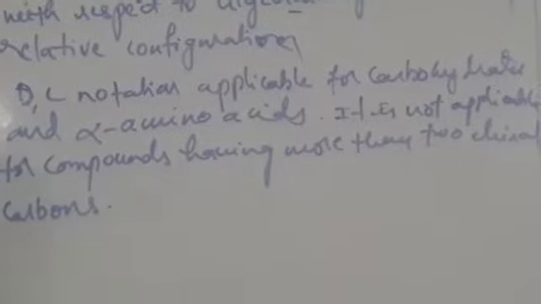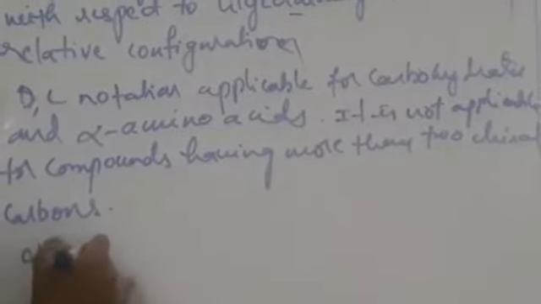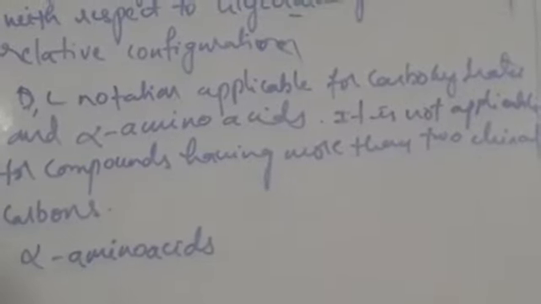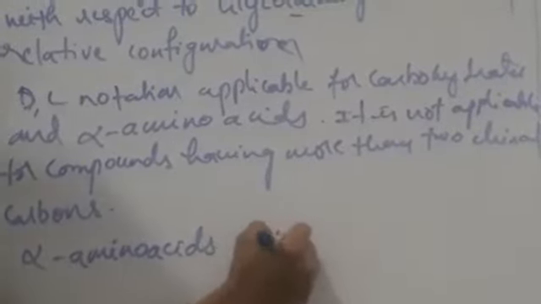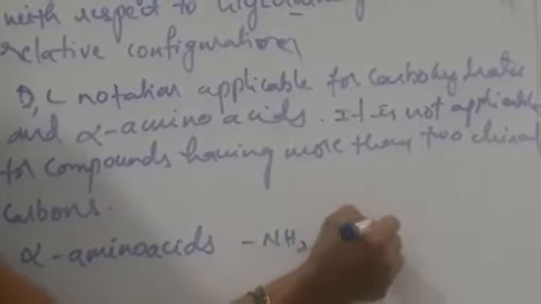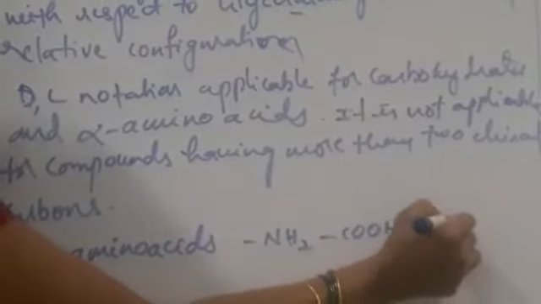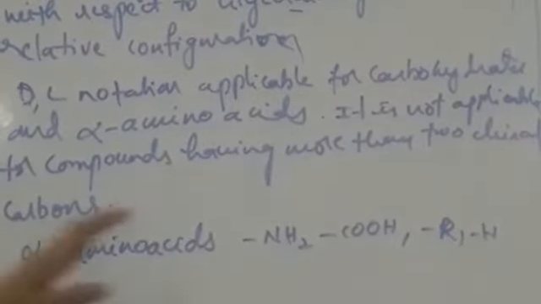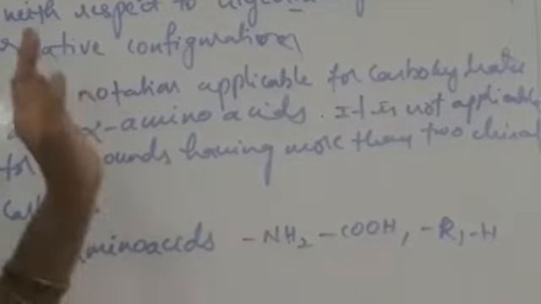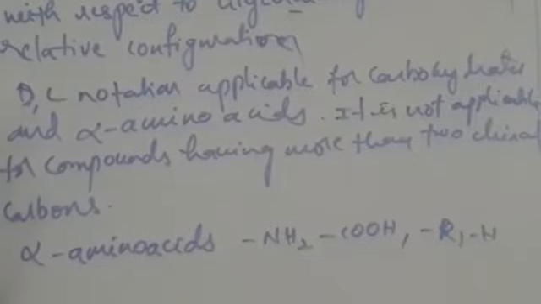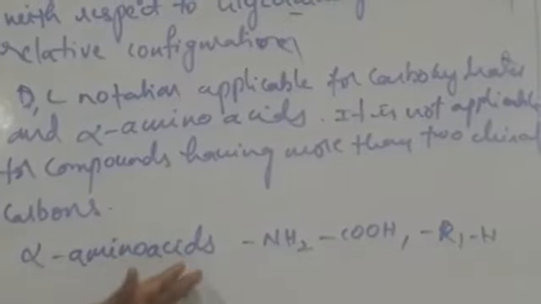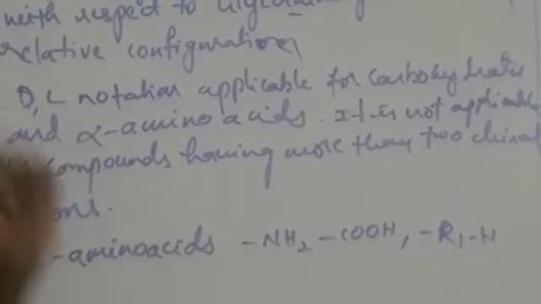They contain an amino group, acid group, alkyl group and hydrogen. So 4 different groups are surrounded around the carbon atom, which is called a chiral carbon atom.